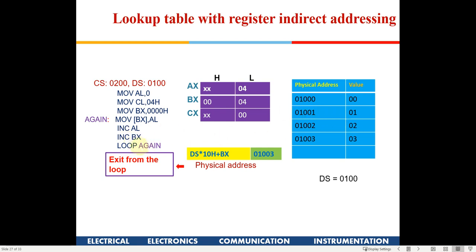Each move instruction will be in some memory location within the code segment, and that particular memory location needs to be written here, but it would be complicated if we start writing figures everywhere.